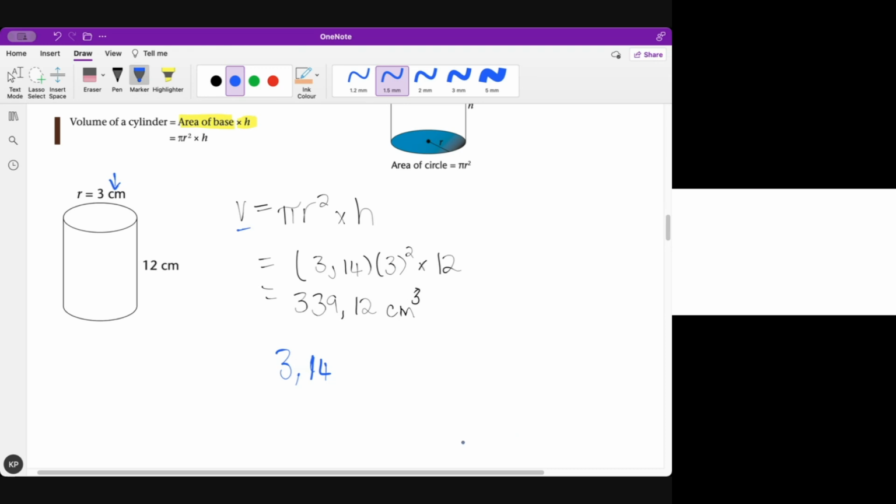Centimeters, right? So you're multiplying a 3 centimeters with another 3 centimeters. That's what the square is. But the 12 was also in centimeters. So how many centimeters do you have here? 1, 2, 3. And that's how you end up with centimeters cubed. Makes sense?